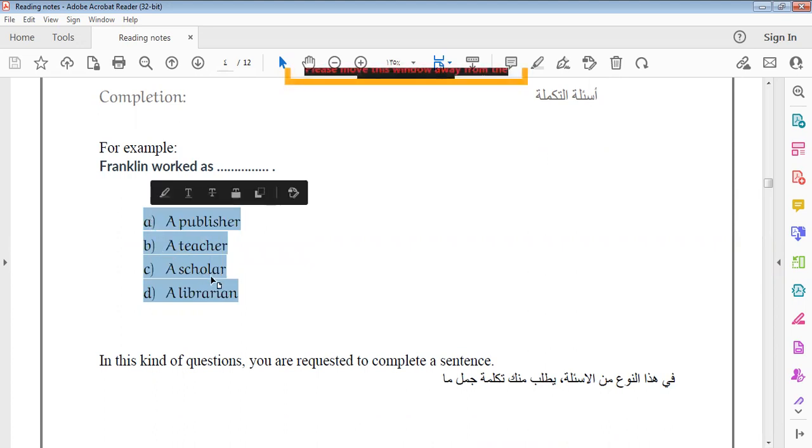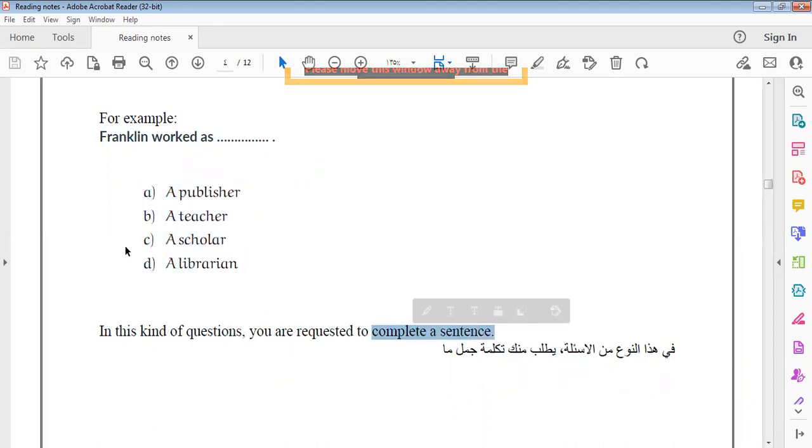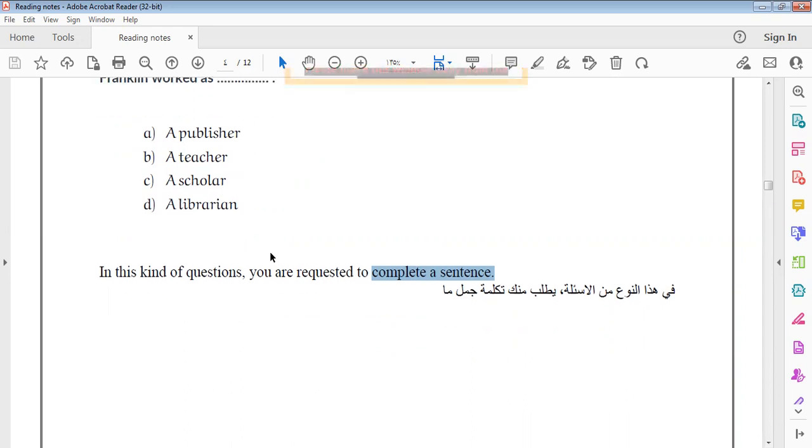In this kind of question, you are requested to complete a sentence, I mean to choose the correct answer to best complete the sentence properly.